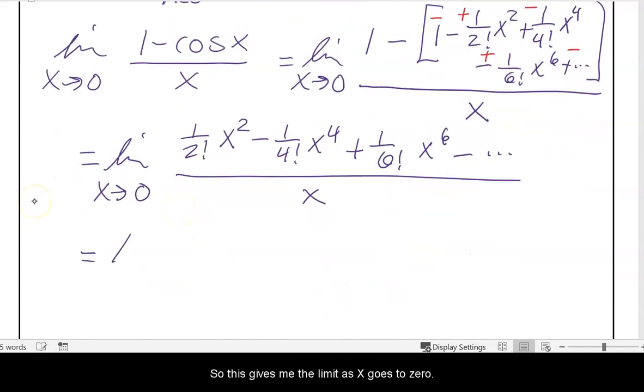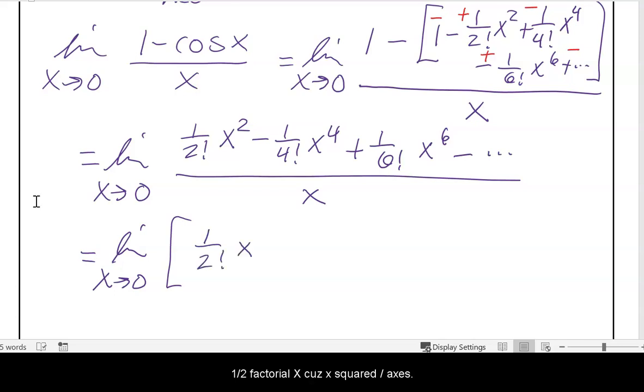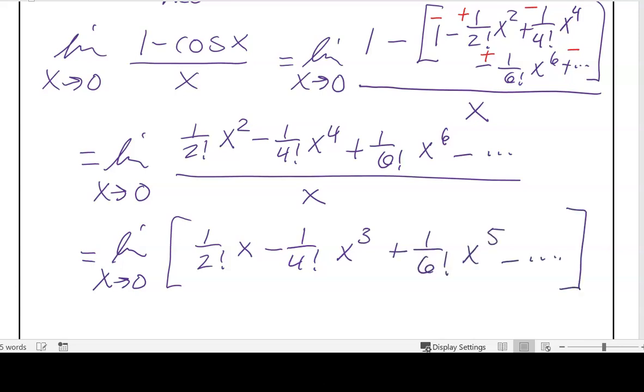This gives me the limit as x goes to 0 of 1 over 2 factorial x, because x squared divided by x is x, and then minus 1 over 4 factorial x cubed plus 1 over 6 factorial x to the 5th minus dot, dot, dot, right?